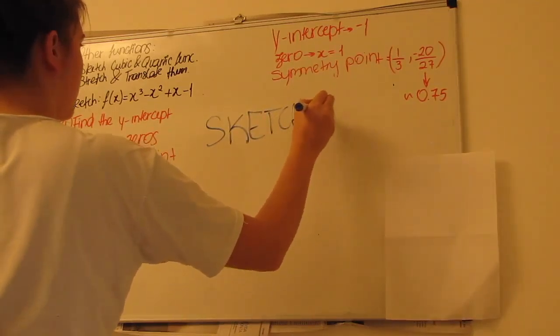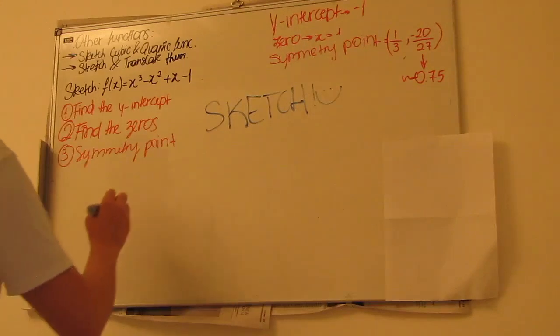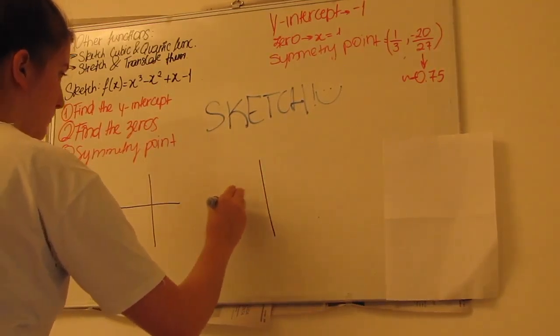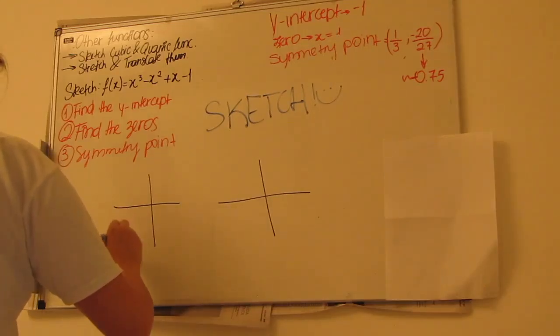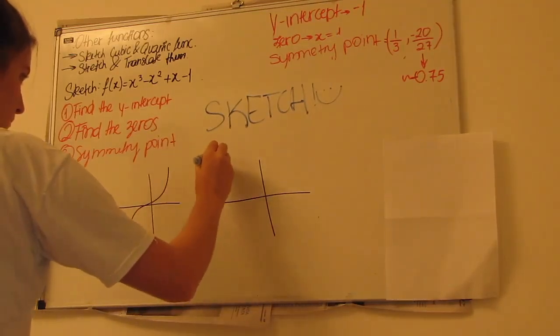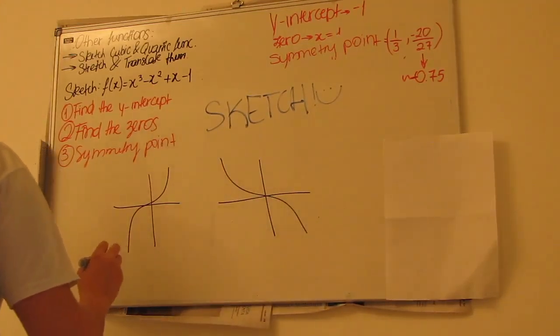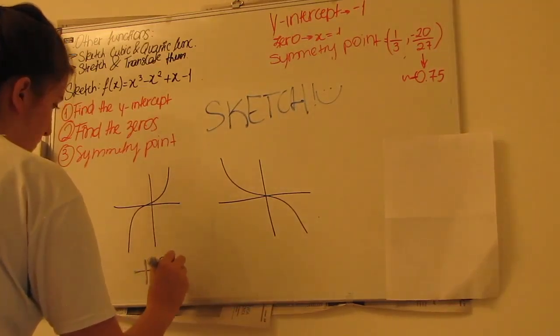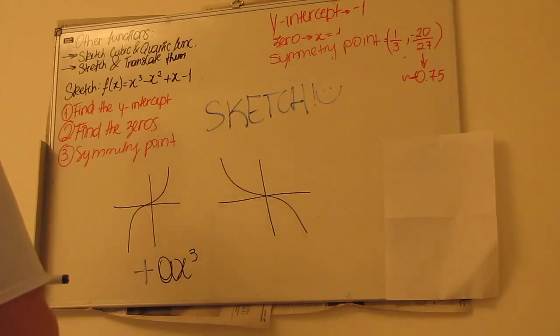Now comes the fun part where we sketch our graph. Before we sketch, I just wanted to say some quick information about sketching. When we have a positive a before the x, and when we have a negative a before the x, that's when our graphs will change direction.